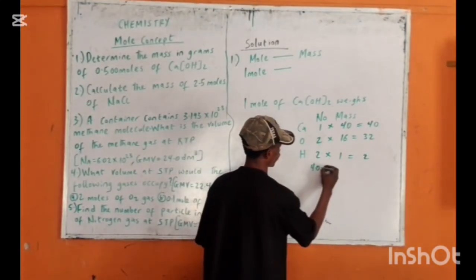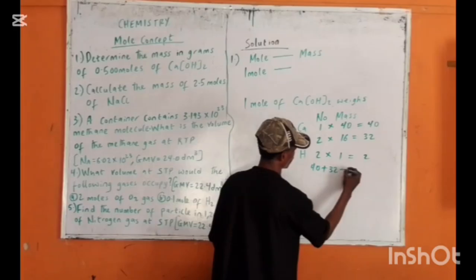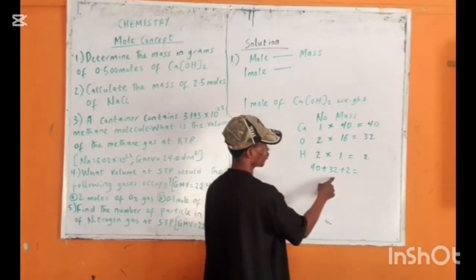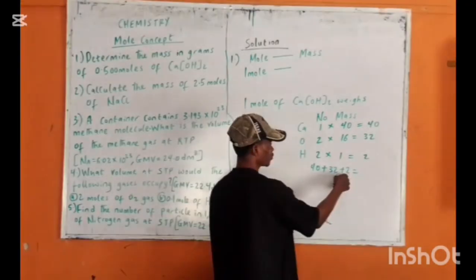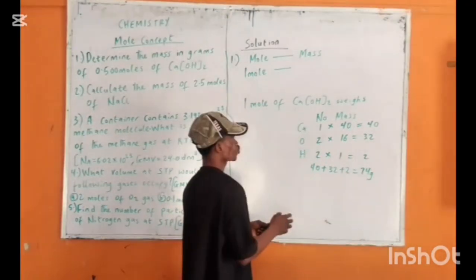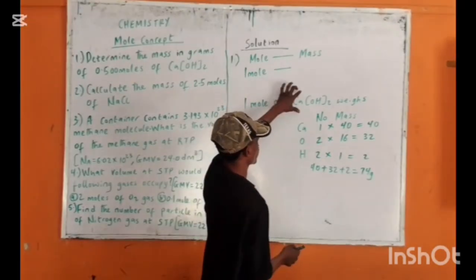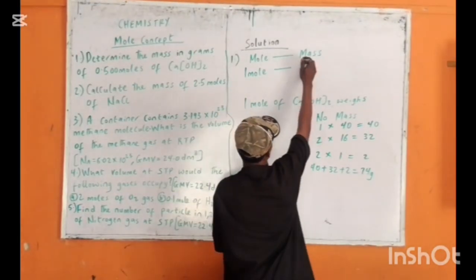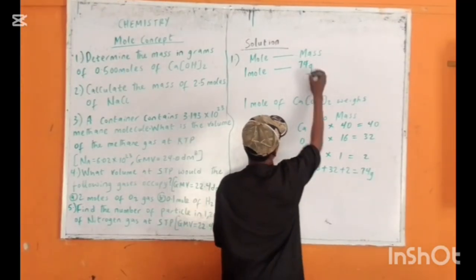So 40 plus 32 plus 2, that will give us what? 40 plus 32 is 72. 72 plus 2, we have 74 grams. So 1 mole of calcium hydroxide weighs 74 grams.